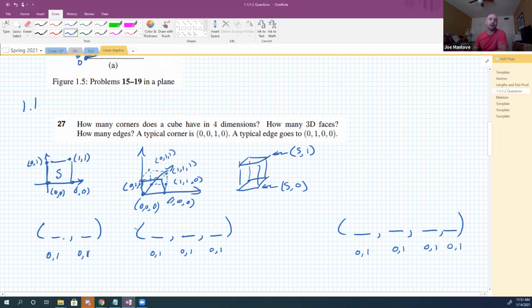You guys see that? If I think back to here, there were 2 options for this first spot, 2 options for the second. That's 2 corners. Wait, not 2 corners. Counting's hard, Joe. It's 2 times 2 corners.